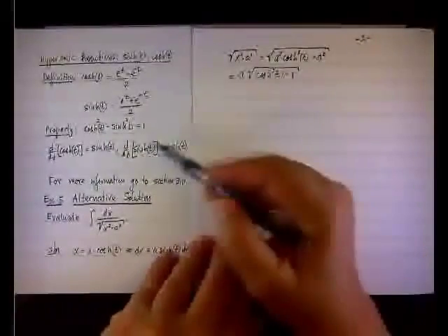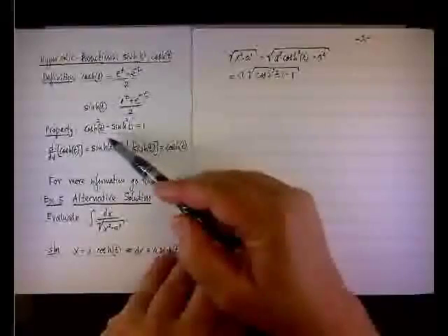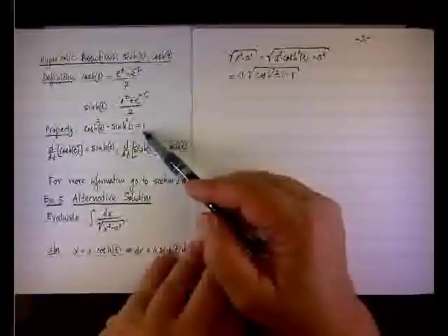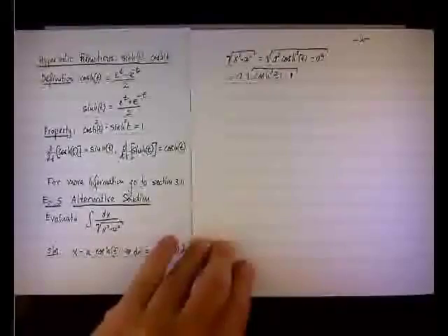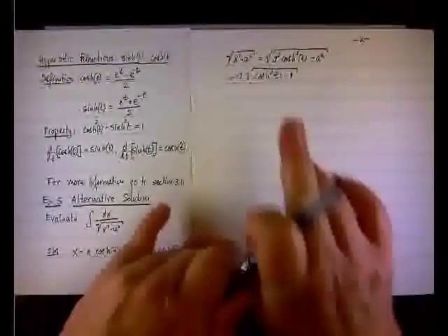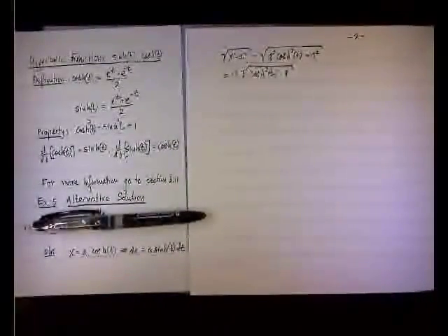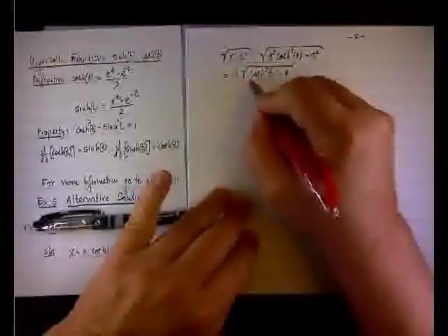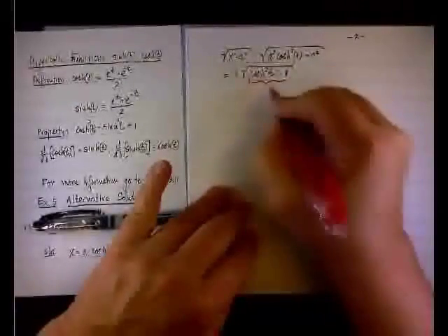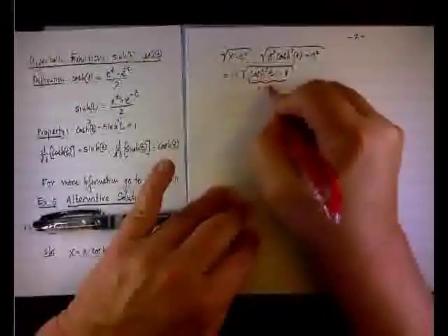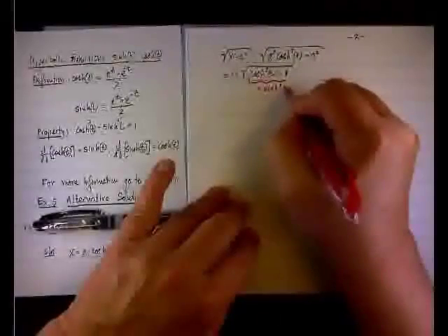Cosine hyperbolic squared minus 1 is sine hyperbolic squared. So let me write underneath in red that the radical is equal to the hyperbolic sine squared.